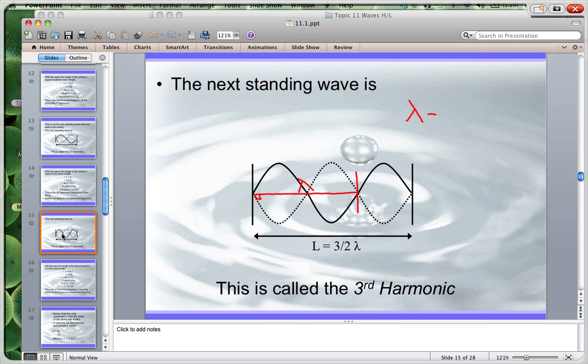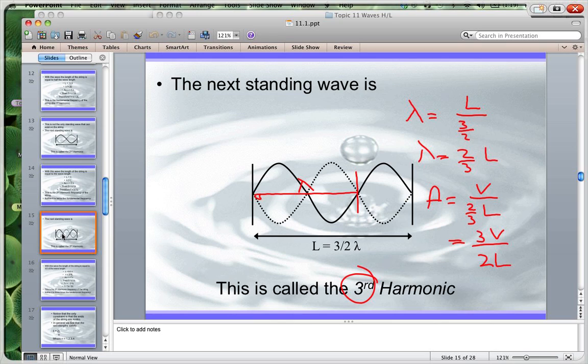My wavelength would therefore equal L divided by 3 over 2, so it would equal 2 over 3 L. And therefore my frequency would equal my velocity divided by 2 over 3 L, so it would be 3V over 2L. You okay with that? When you divide, you invert the fraction and multiply. So this is your third harmonic.